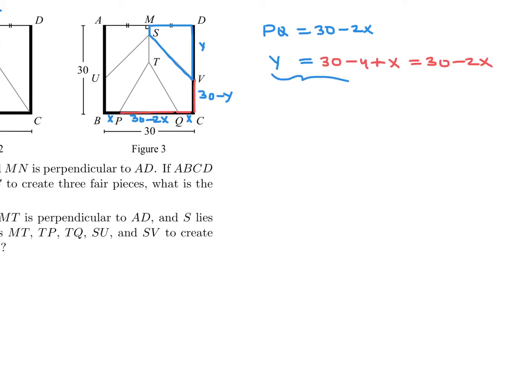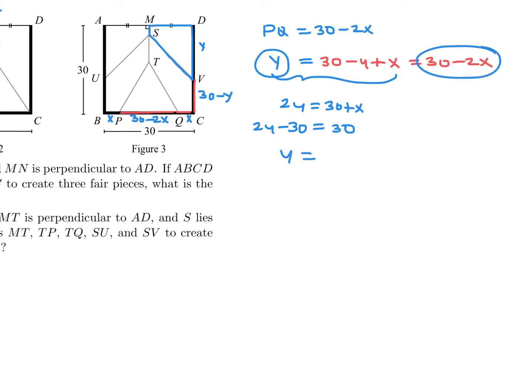So let's first look at these two. That would give me 2y is equal to 30 plus x. So x is 2y minus 30, whichever way you want to do it. And then if we look at y, this guy is equal to this, so y is equal to 30 minus 2x.